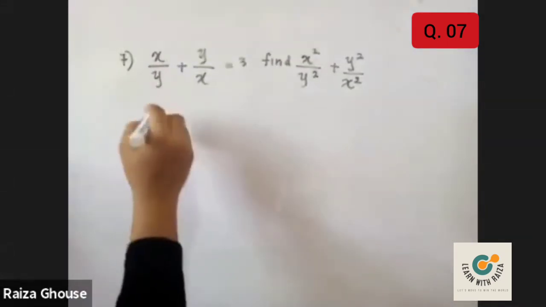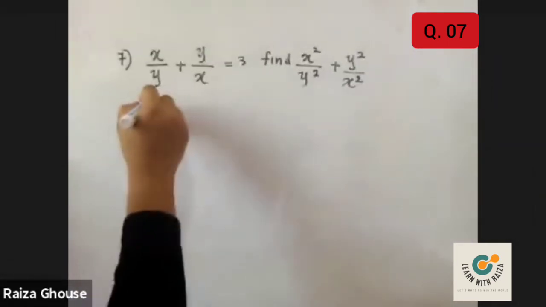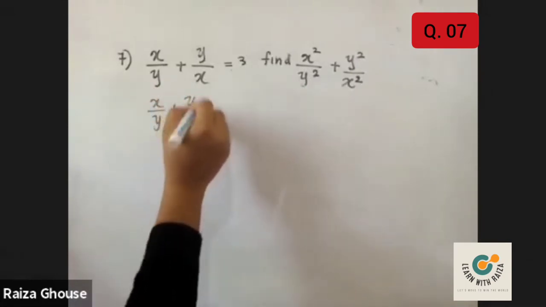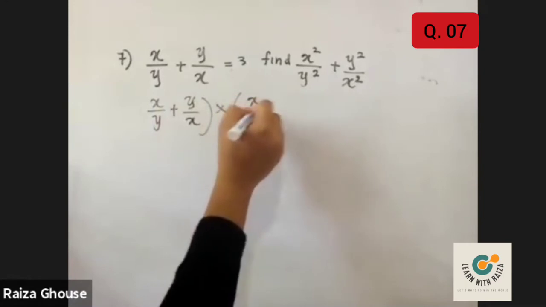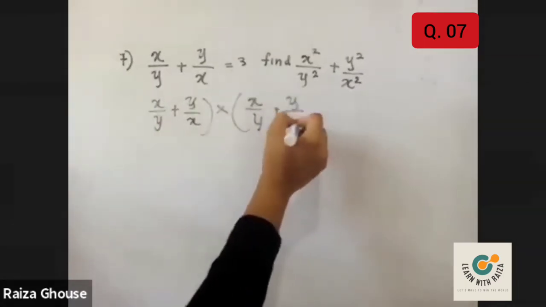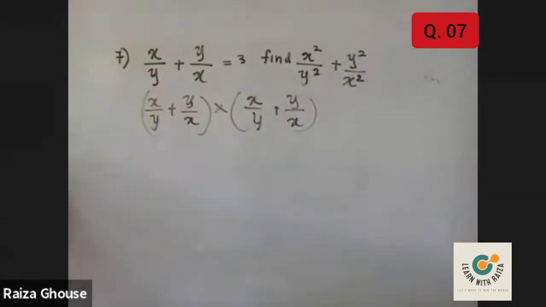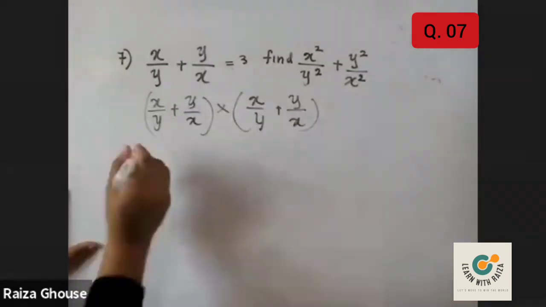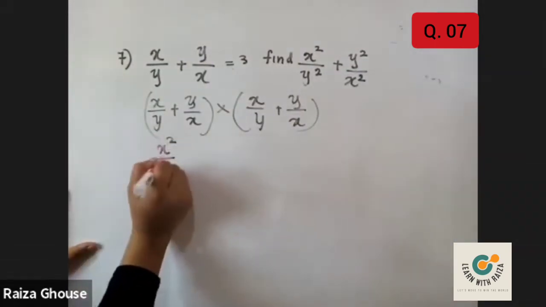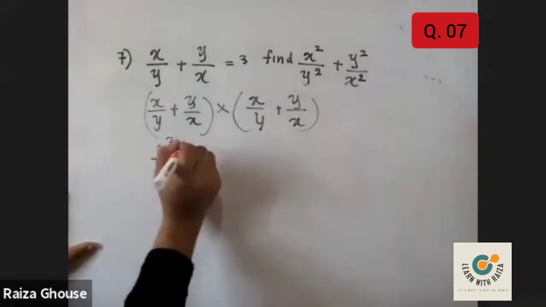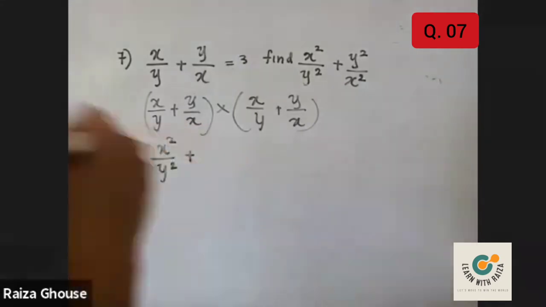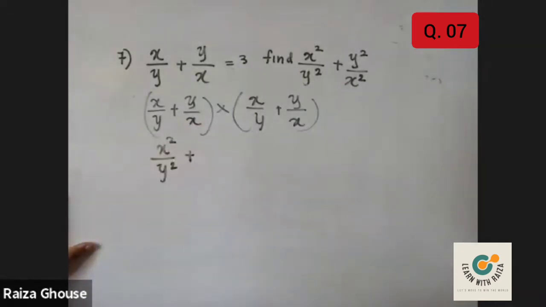Now let's make this like to the squared bit. How do you do? x upon y plus y upon x multiplied by x upon y plus y upon x. Now, how do you solve this one? Have a look at this. Square of the first term, x squared over y squared, plus twice the first and the second term. How do you write that down now?